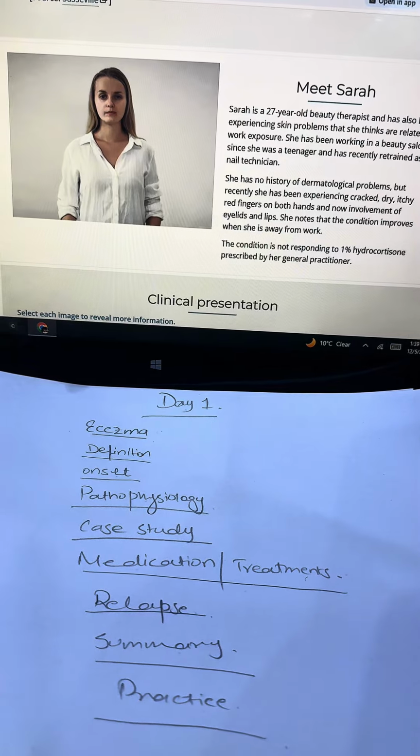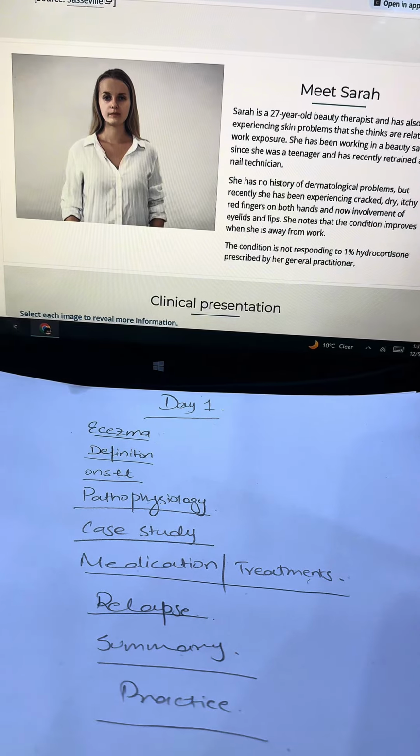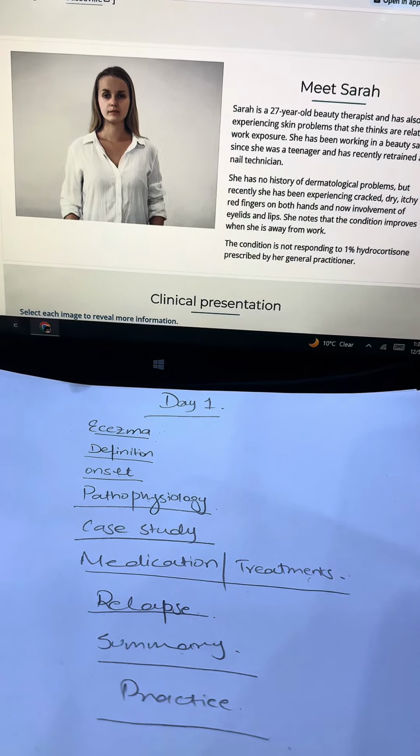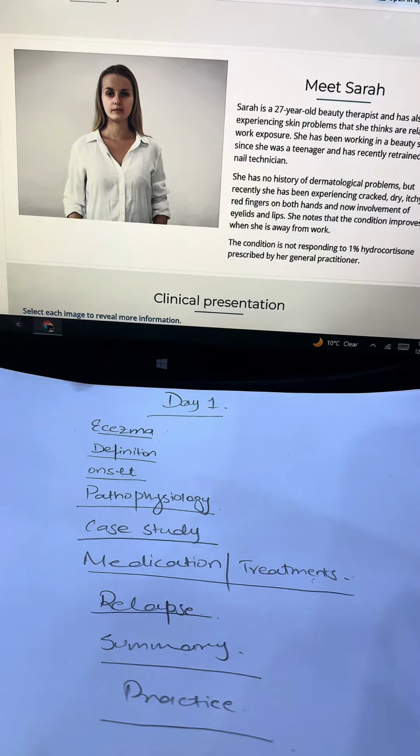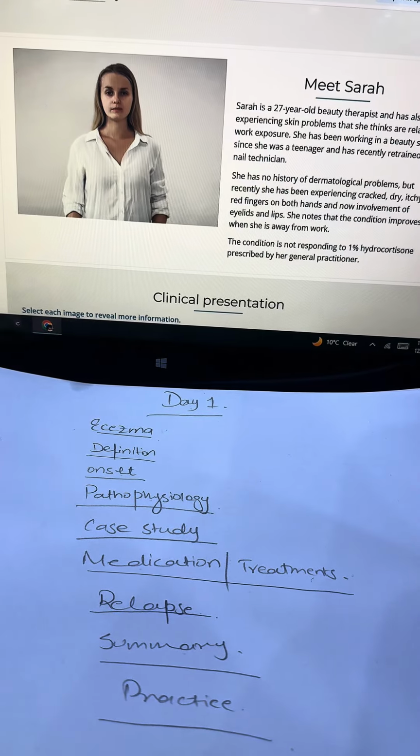No history of dermatological problems, but recently she has been experiencing cracked, dry, itchy, red fingers on both hands and no involvement of the eyelids and lips. Okay. The condition is not responding to 1% hydrocortisone prescribed by the GP.